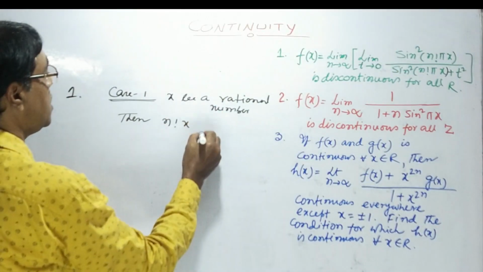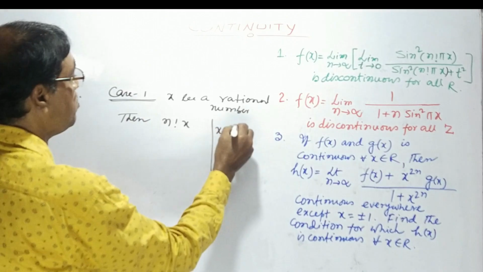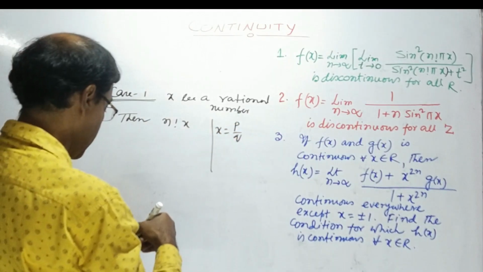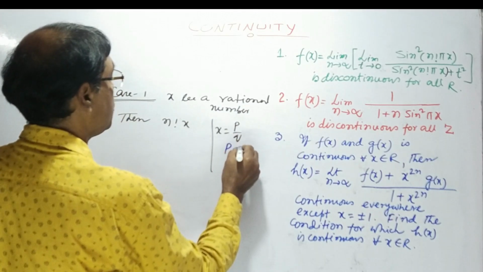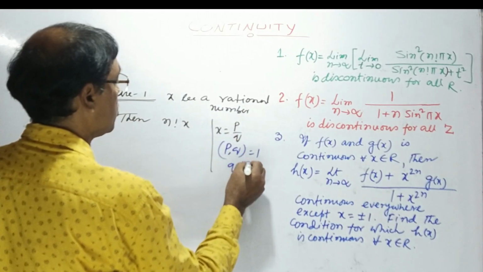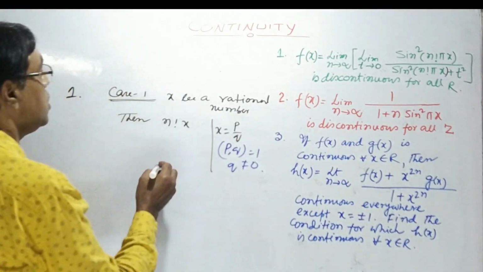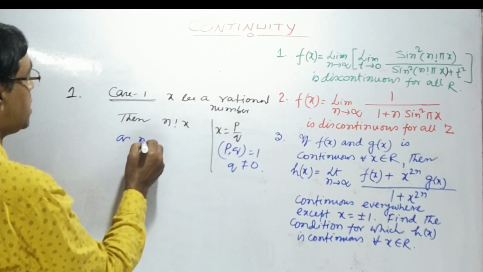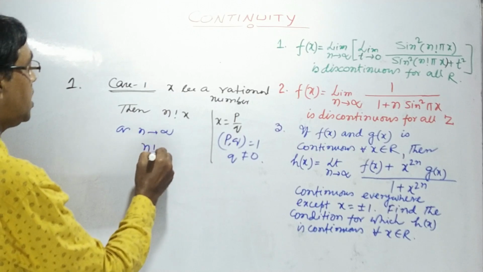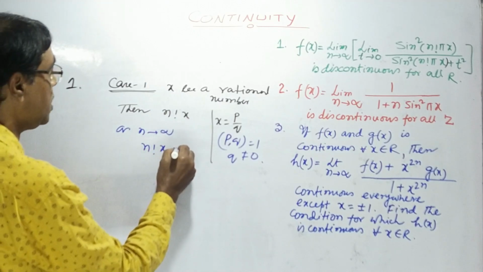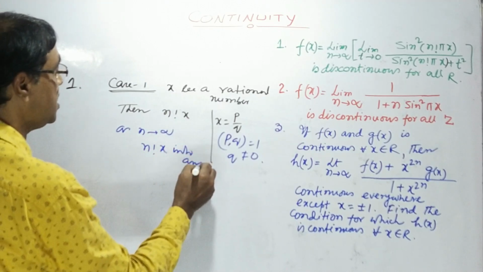Rational number means x is of the form p by q, where p and q are integers prime to each other, and q is not equal to 0. As n tends to infinity, we choose n factorial x to be an integer.